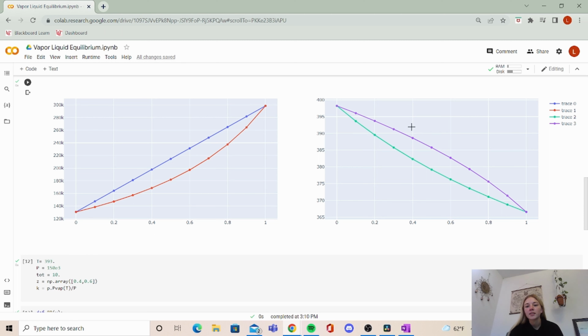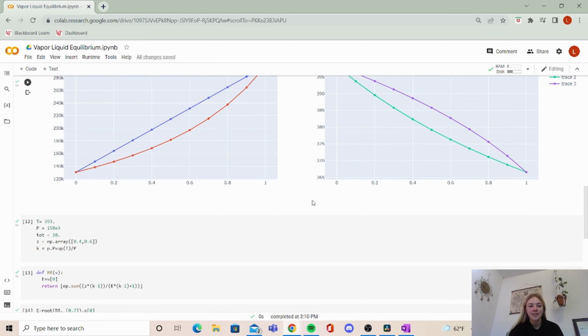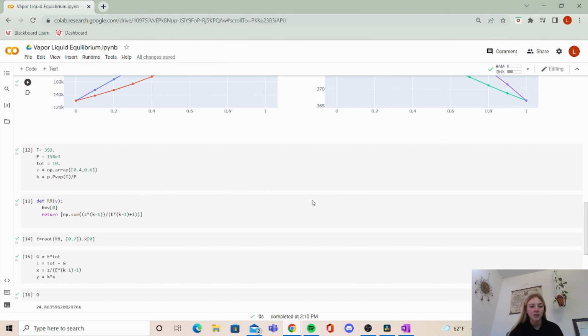So when we have a higher temperature, we're not going to be able to reach that first drop of liquid. That confirms that we are all vapor in this scenario at this temperature and pressure that we're given with our mixture.